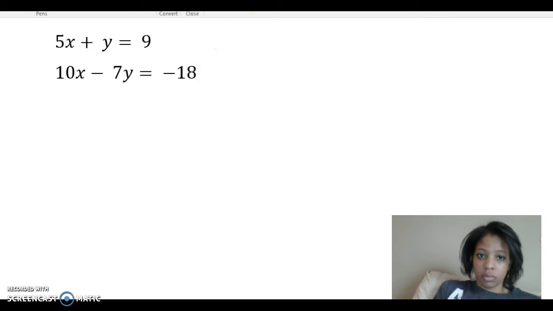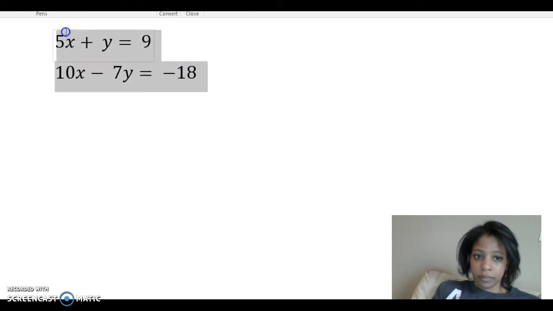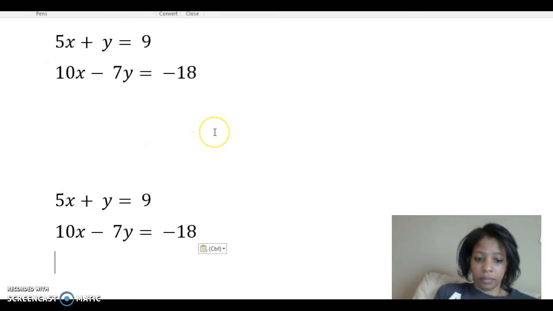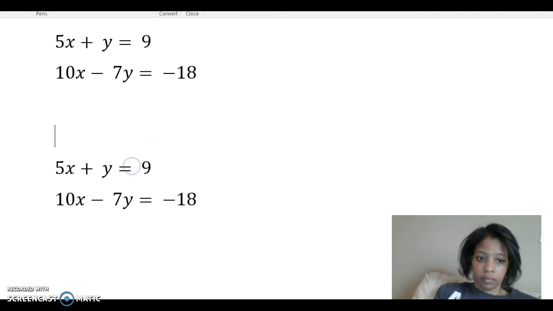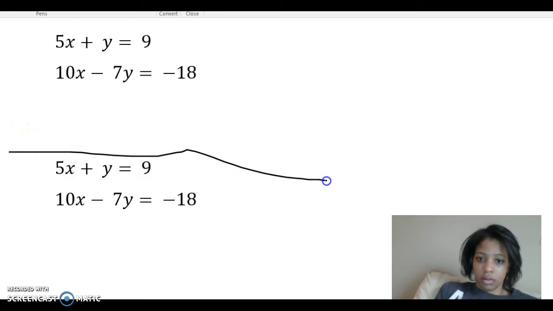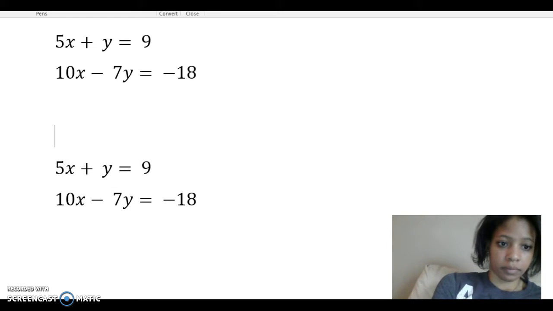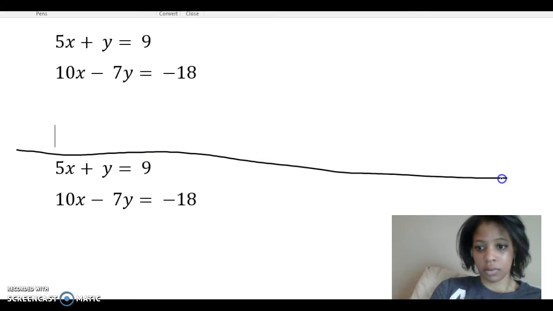So let me copy this really quick. On the top one, I'm going to multiply by the 7, right? Let's hope I can fit all this.